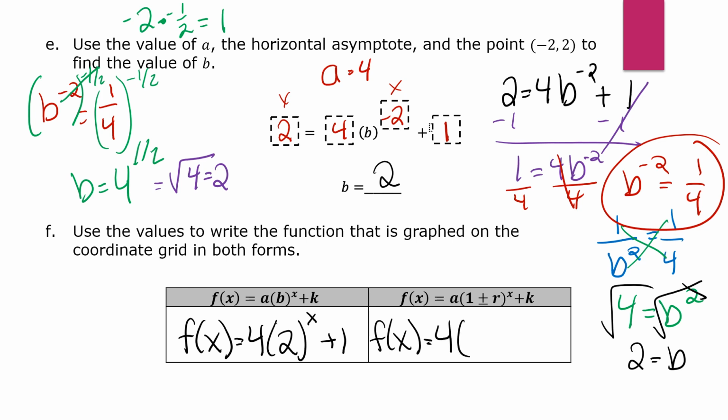Now in our parentheses, we don't know what r is, but we know that b is equal to 2, so that's equal to my 1 plus r. So to figure out r, we think 1 plus what is 2, which would be 1, so r is 1. So we have 1 plus 1 in the parentheses, and then plus 1 on the outside for k.